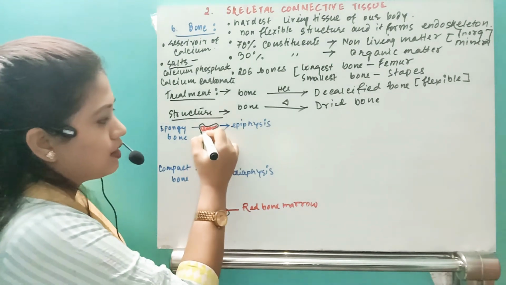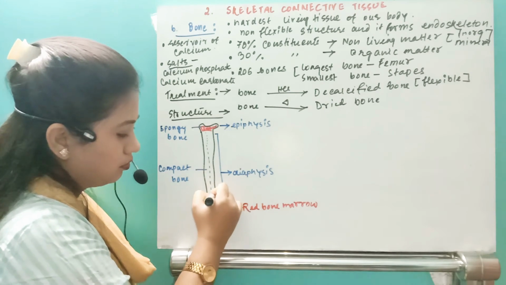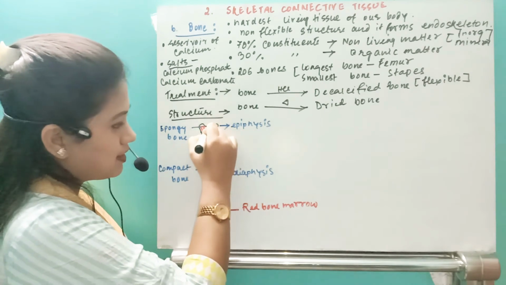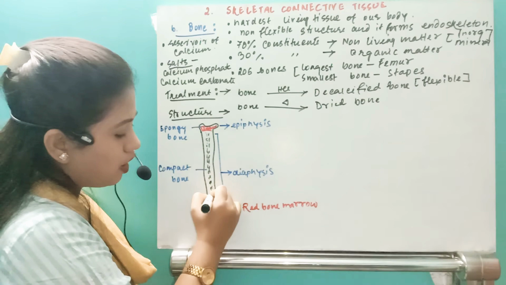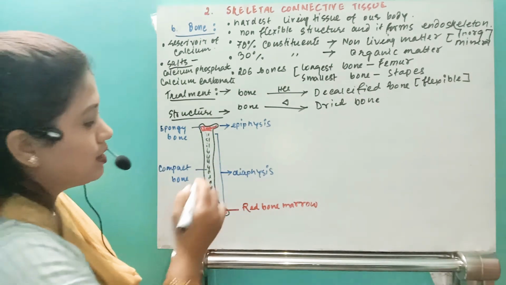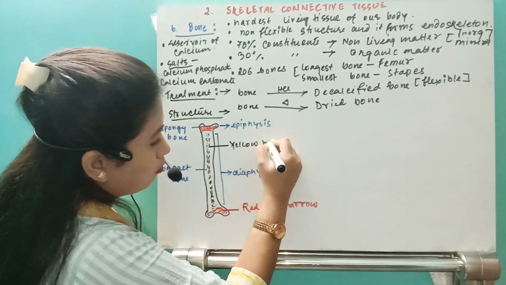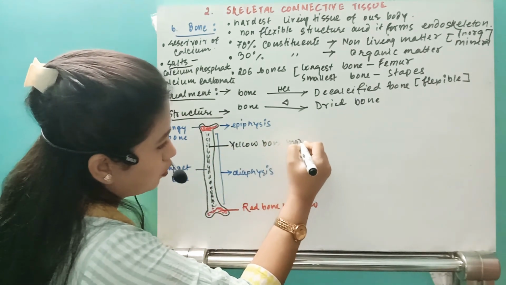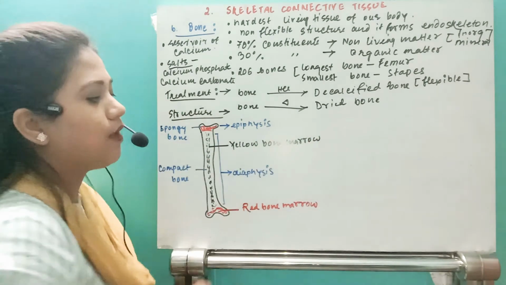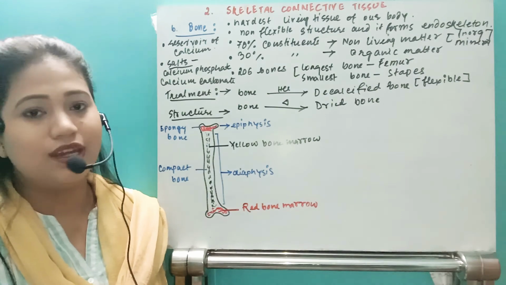Now the next one, here we will have a cavity. So what is that cavity? This is also a marrow cavity, but this cavity will be known as yellow bone marrow. What is the function of yellow bone marrow? It is going to store only the fat.